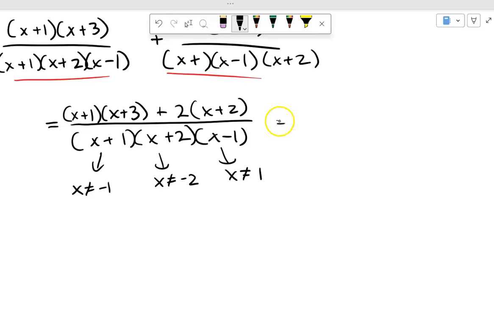The other super annoying part of this is that now that we've added everything together on the top and bottom, we are going to simplify the numerator by foiling. Foil the numerator, slash combine like terms.